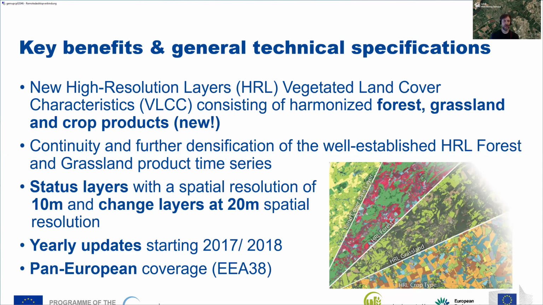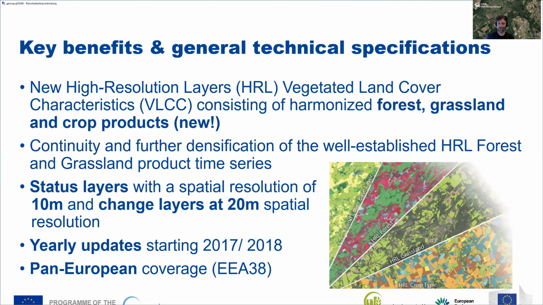All of these main status layers come with a spatial resolution of 10 meters, and the change layers for the grassland and the forest products come at 20 meters spatial resolution. As mentioned before, all these main status layers are now produced with yearly updates. The grassland and the crop products production started for the reference year 2017, and for the forest products, the production start was 2018.